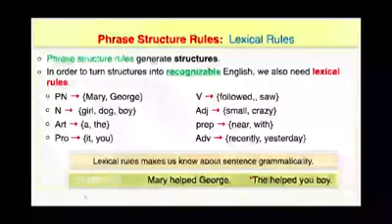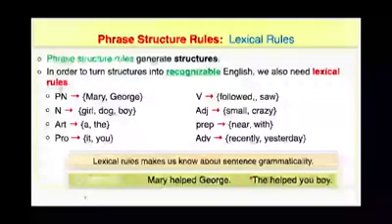Not only is it grammatical and syntactically correct, I mean the order of the words is correct. Mary is the subject, helped is the action which is taking place, and the one who benefits from the action is George.